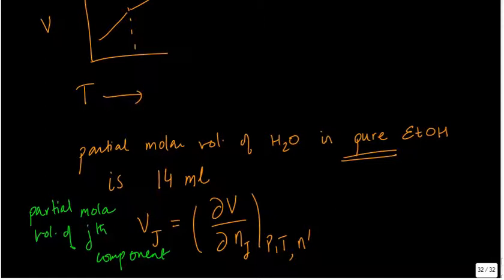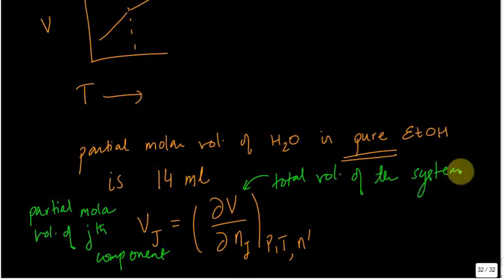This is the total volume divided by the number of moles. V is not molar, V is the total volume, right? Okay, so that's how I define my partial molar volume.